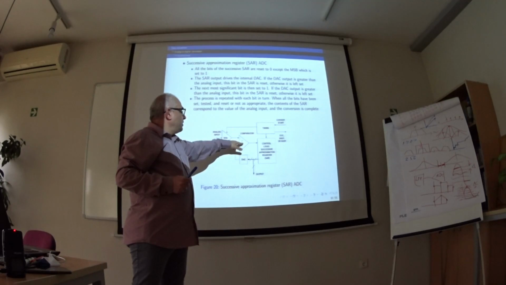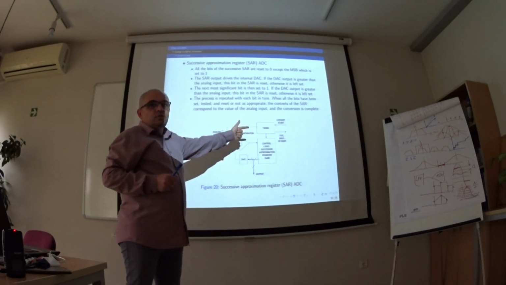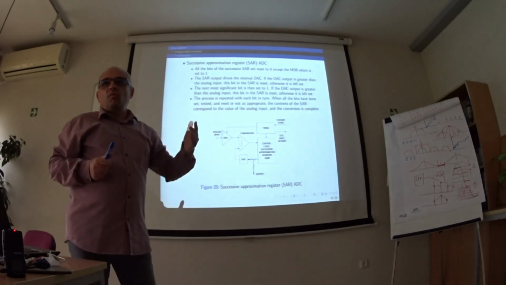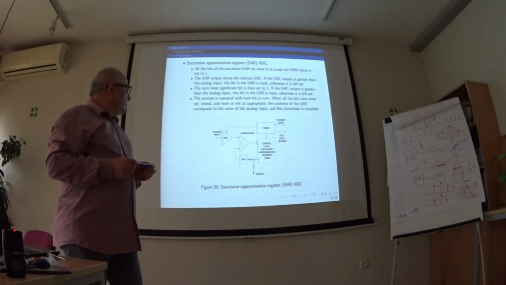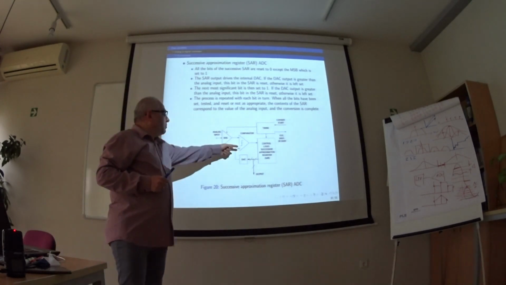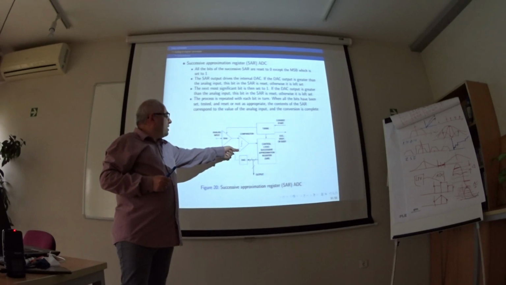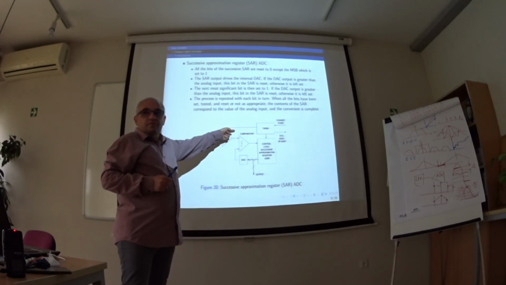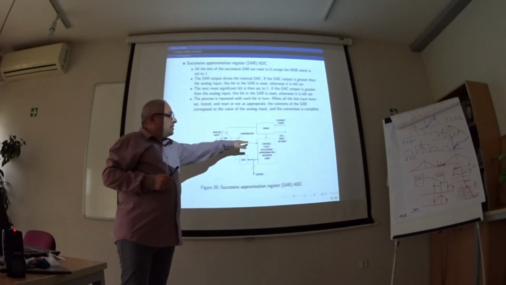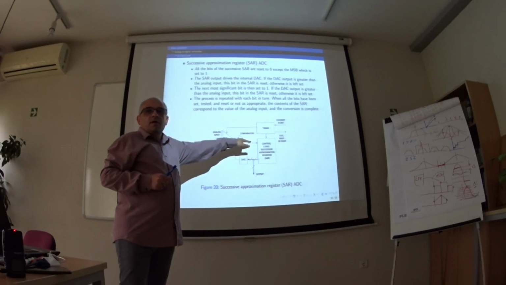Our comparator will have at the output 2 states, 0 or 1. 1 if we are below, 0 if we are above this voltage. And we decide which half we are in.